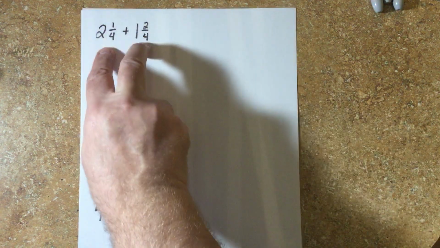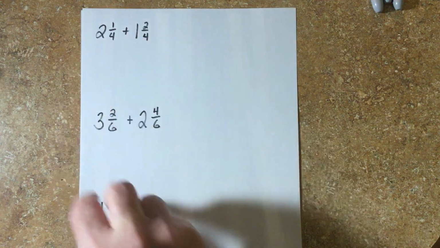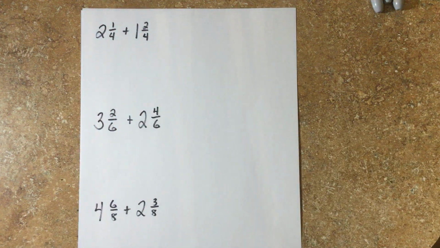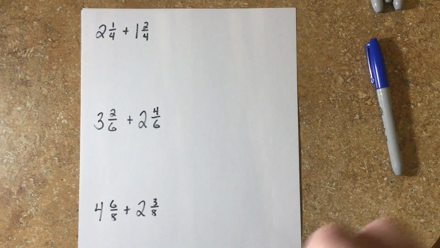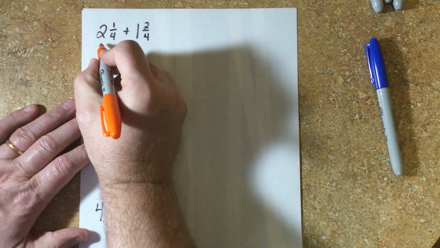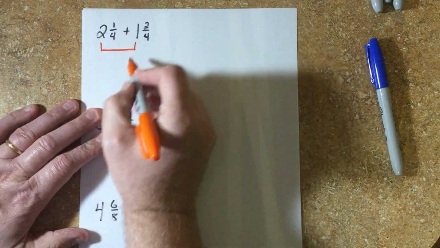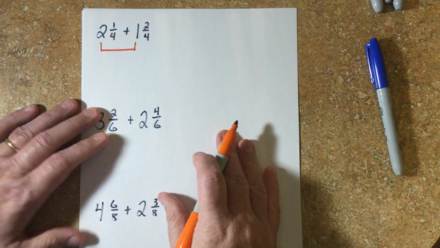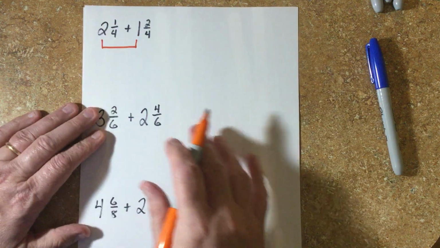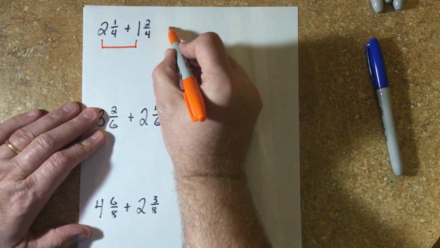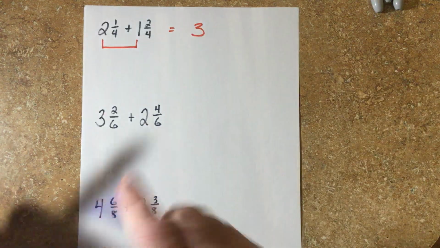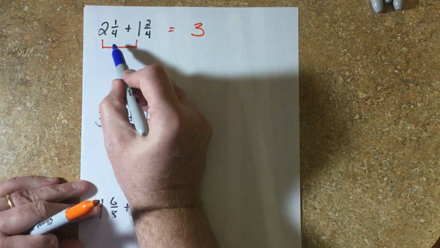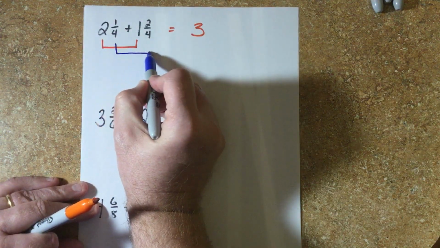So we have two different mixed numbers here that we're going to go ahead and add. And if you remember the way we did this in class, we are going to simply add our whole numbers. So in this example, 2 plus 1 is 3. And then I'm going to go ahead and add the fractions.